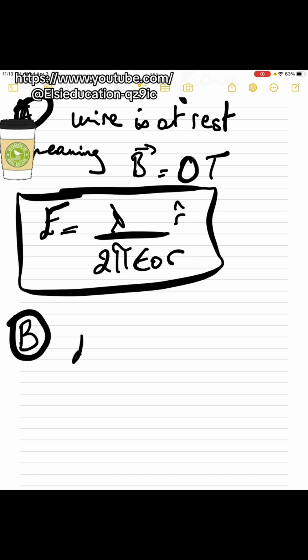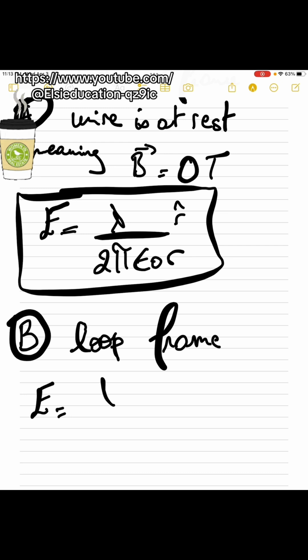So on the loop frame, the electric field will be equal to the density divided by 2 pi electric constant.